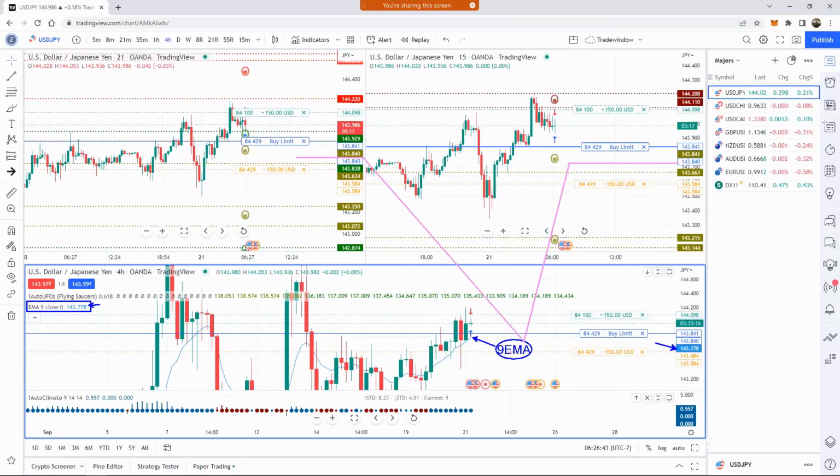So this 9 exponential moving average will be enveloped by 2 UFOs, this one here and this one here. So that means we have the where answered as well. Where are we entering? At the top of this UFO. Where are we exiting? In the white space below these UFOs. Okay.